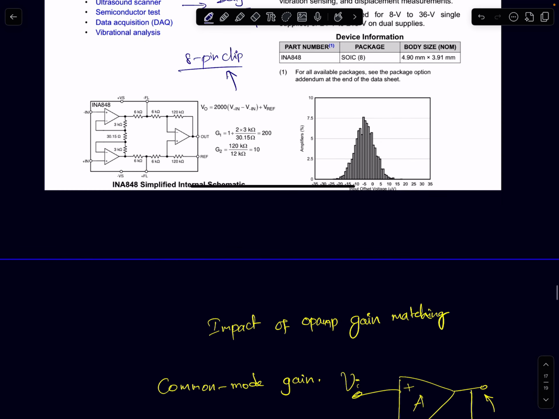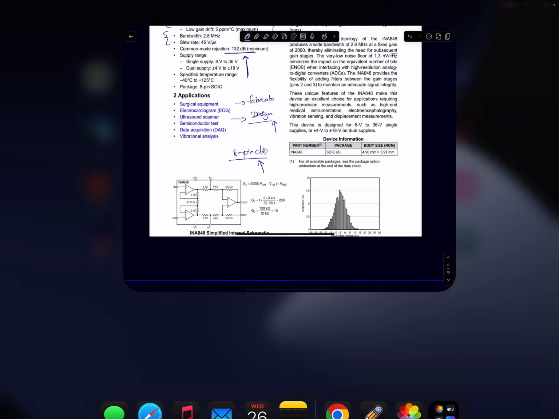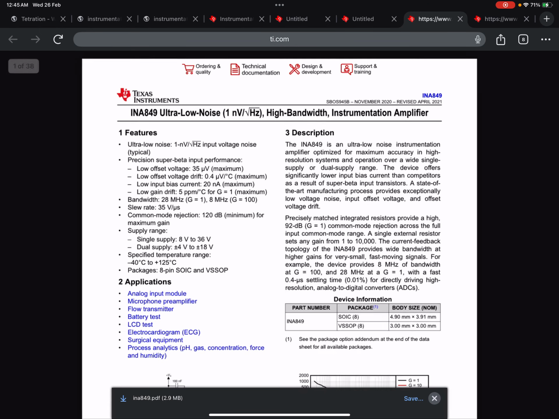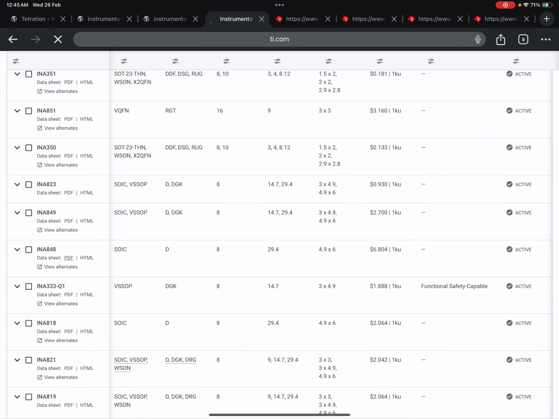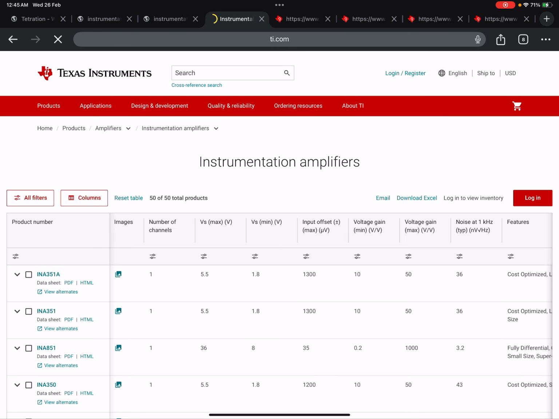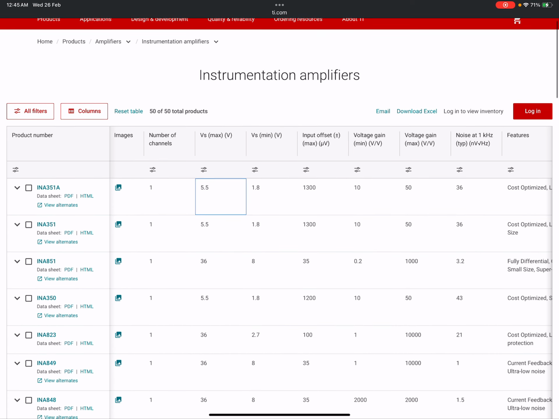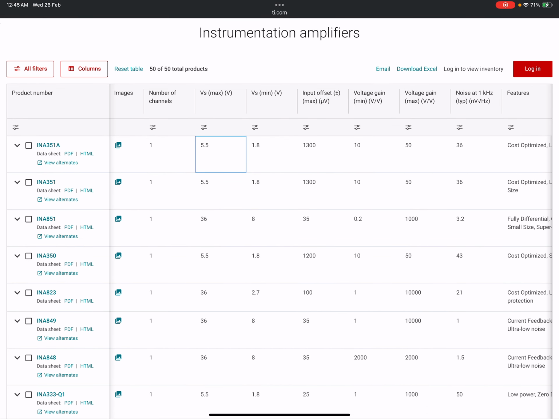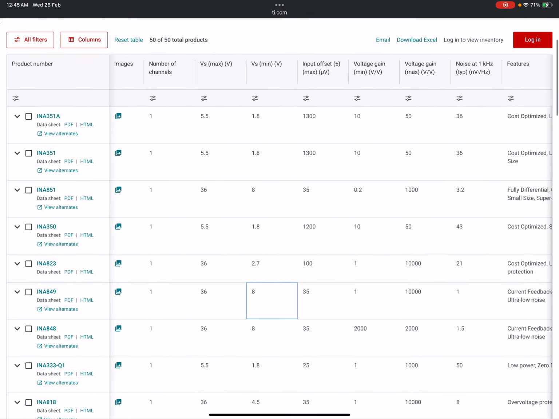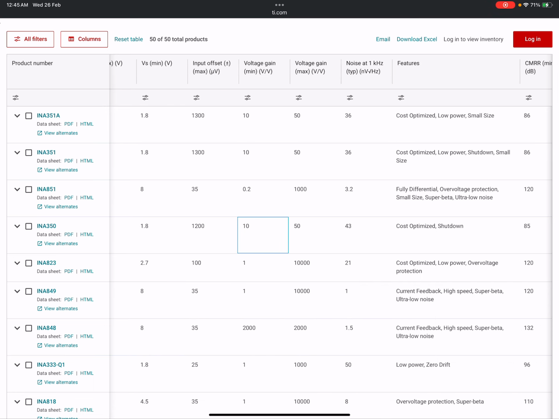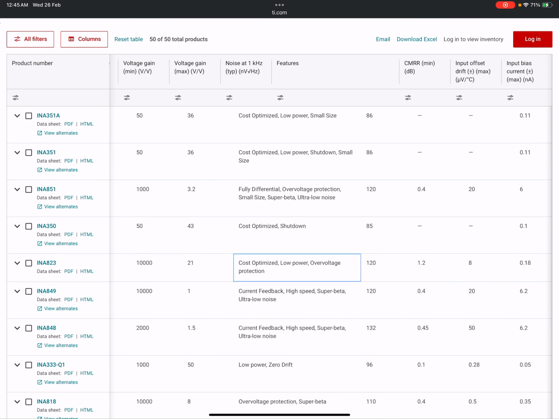So now I'll just quickly show you guys a data sheet. What is shown here is a range of instrumentation amplifiers which is available from TI. You can see here it lists all the input offset voltages, the gains, the programmable gains and all that, and also it gives you the salient features, the main important features.